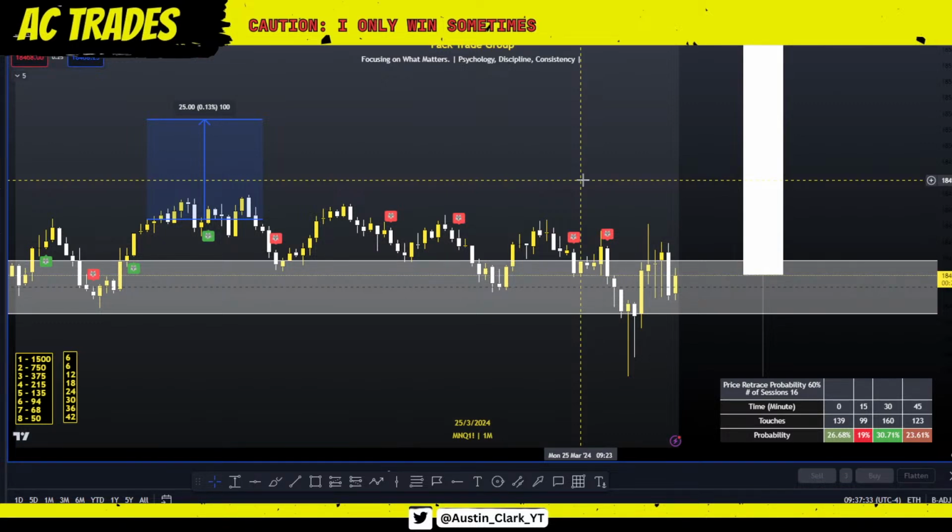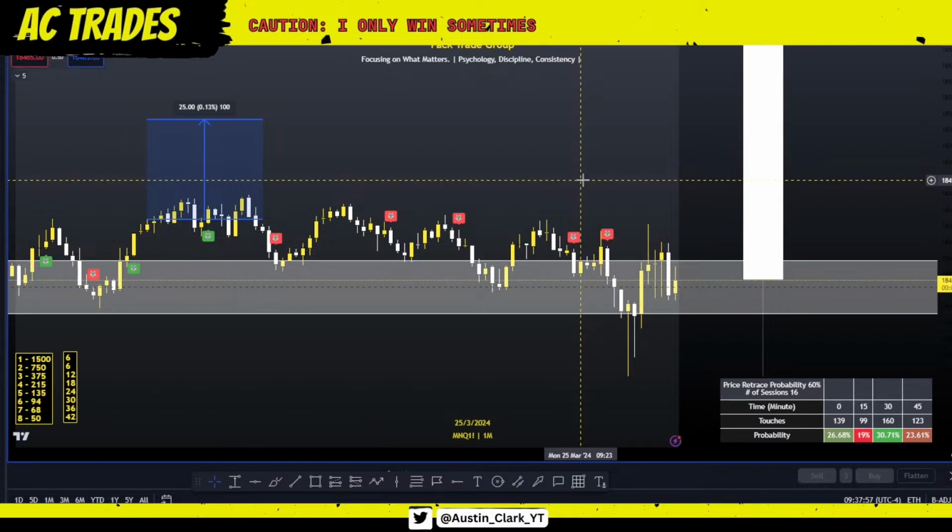Why 10 points for MES and 25 points for MNQ? Because those are the average statistical price movements that will go in my favor in any given trade. That's not a guarantee, it can still lose and move away.